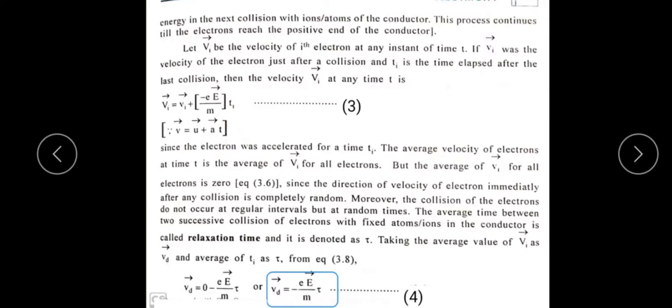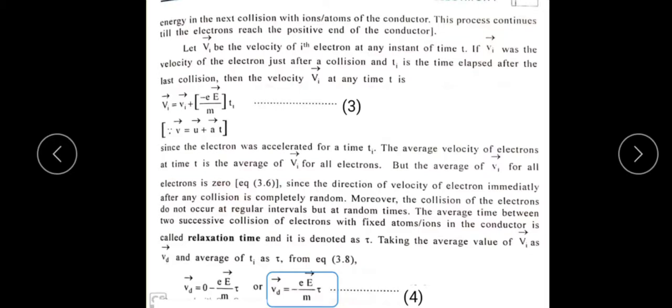Since the electron was accelerated for a time t, the average velocity of the electron at a time t is the average of Vi of all electrons, but the average vi for all electrons is 0.